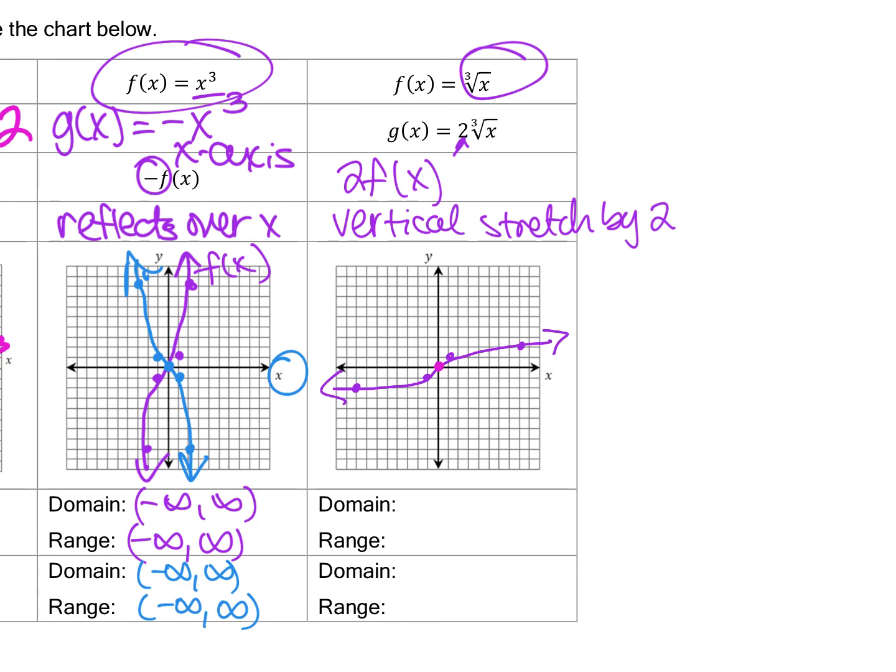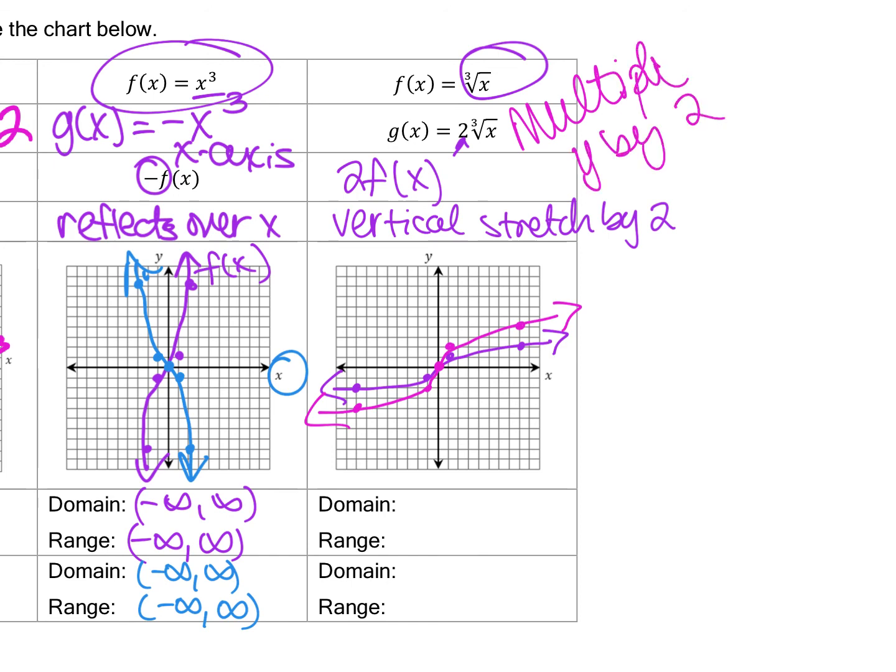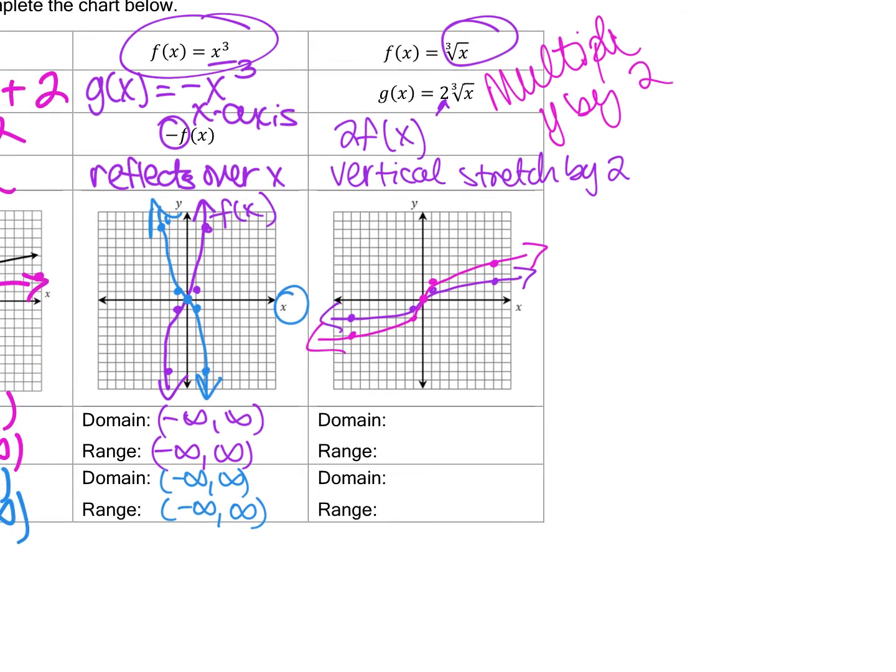But instead of our point being 1, 1, we would multiply our y by 2. So right, 1 up 2. Right, 8 instead of up 2, up 4. So it's stretching those values by 2. So you're multiplying your original y's by 2.